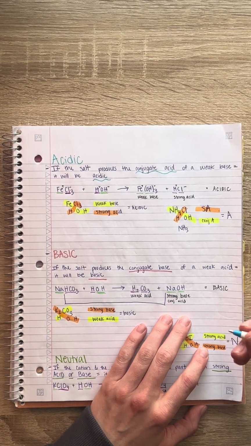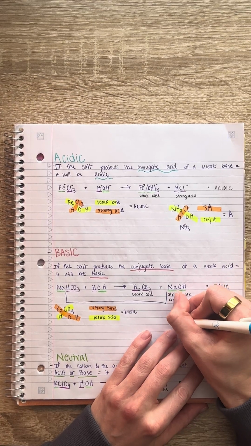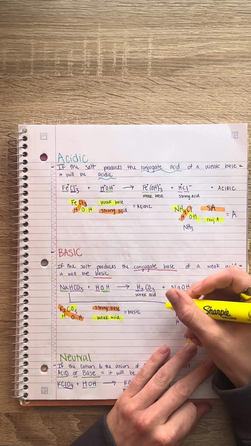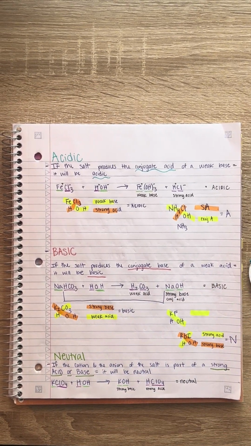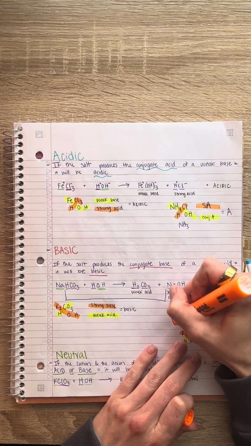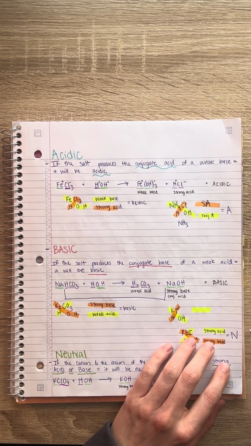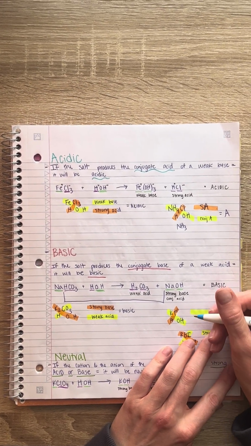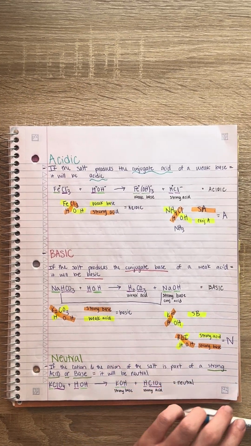If I do another example, I can do KF plus HOH, cross. So KOH, that's going to be a strong base, and that is potassium hydroxide.